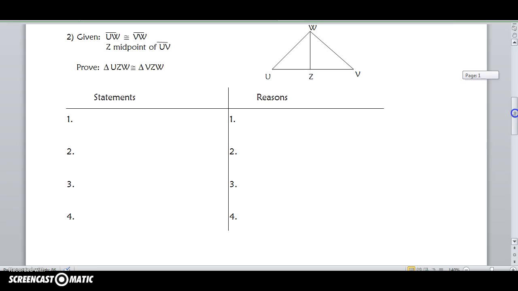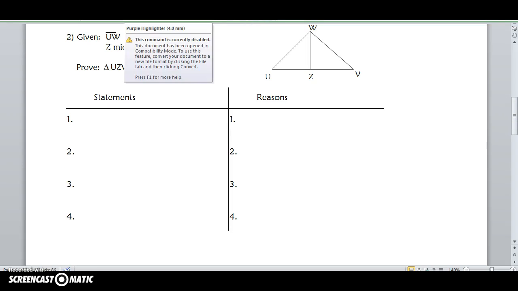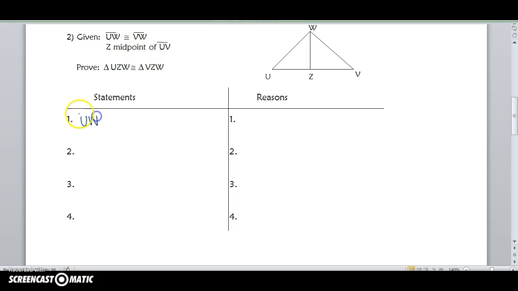So we'll start with number 2. Our given information is that UW is congruent to VW. So UW and VW, I put it in there already. We also know that Z is the midpoint of UV.